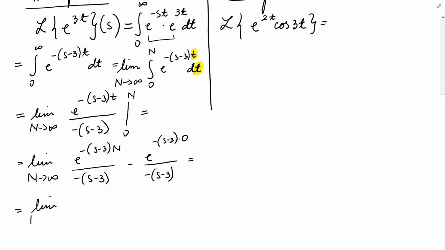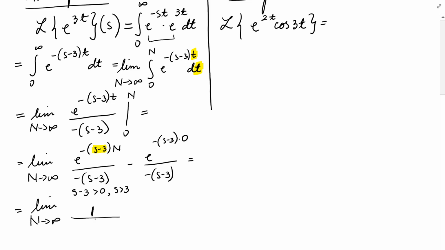So when we calculate this, first let's make an observation. If this quantity s minus 3 is positive, which means s is greater than 3, I can write it at the denominator.